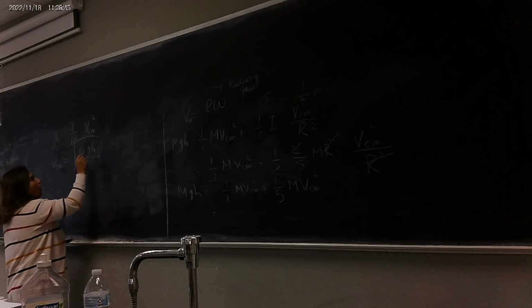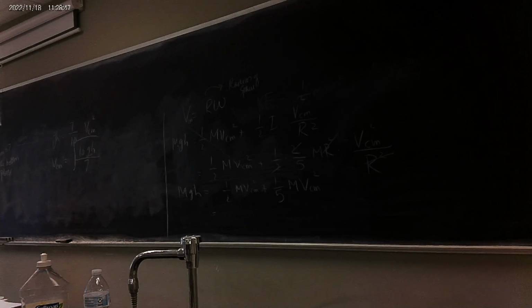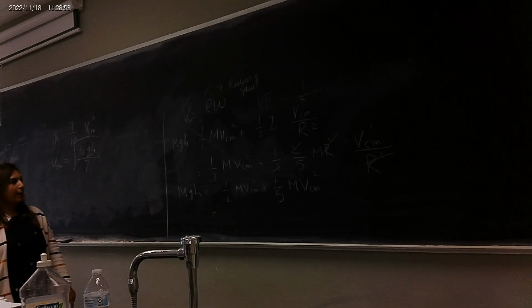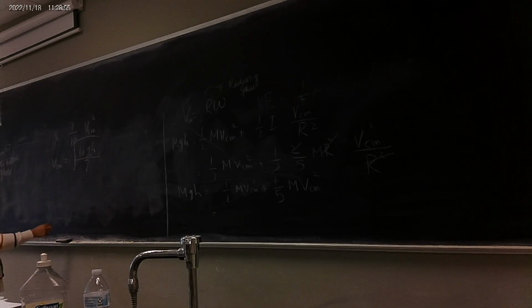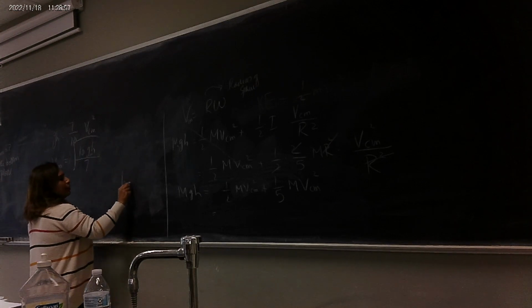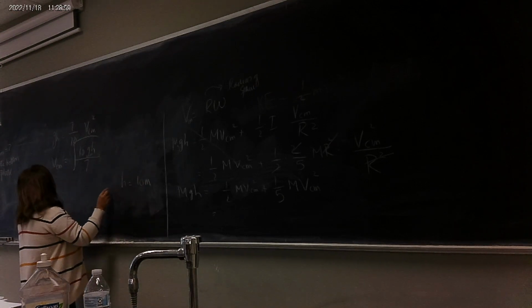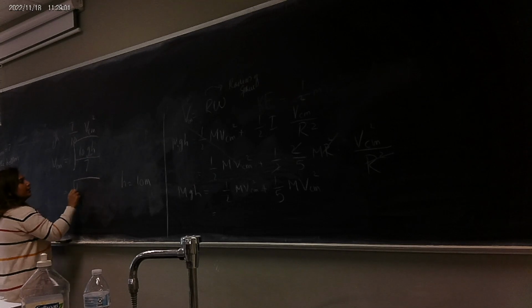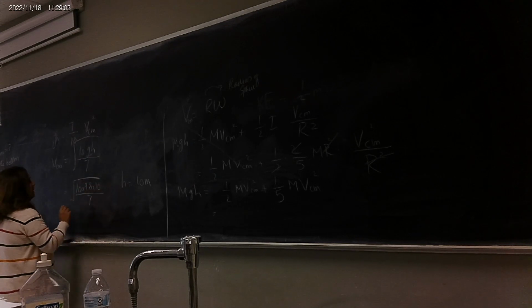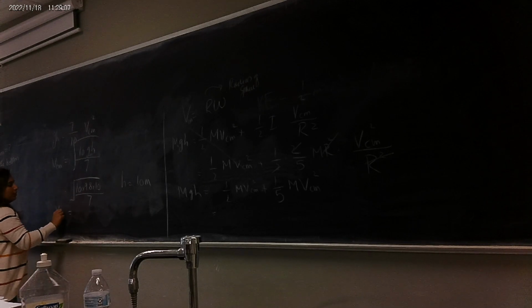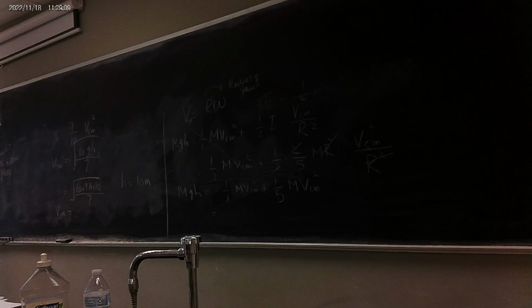All you need to know is the h. If h is given to you, you can easily find out the speed at the end of that inclined plane. So for example, if h is 10 meters, you can just plug that in here, 10 times 9.8 times 10 divided by 7, and you can find out this value of VCM.